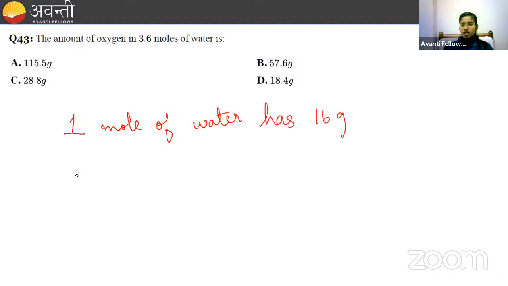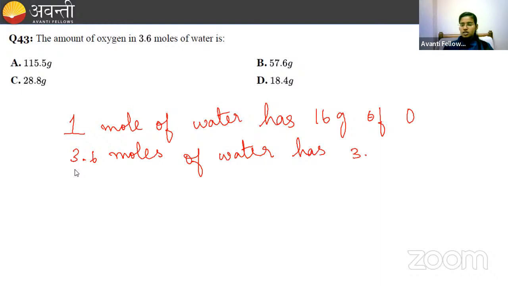So in 3.6 moles of water, we have 3.6 into 16 gram of oxygen, which is equal to 57.6 grams of oxygen. Okay. So option B is the correct answer. You just need to multiply the 3.6 with the atomic mass of oxygen, which is the mass of 1 mole of oxygen. Okay.